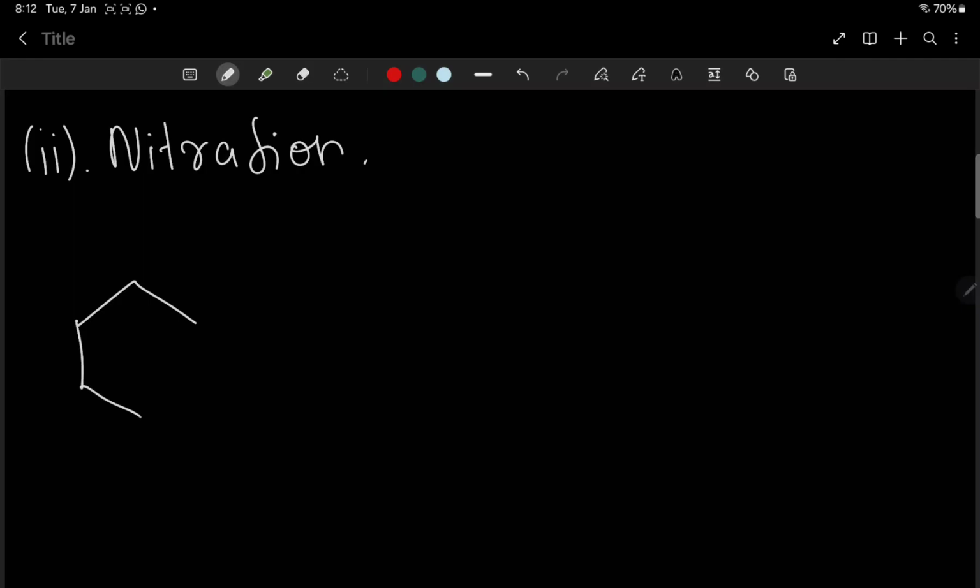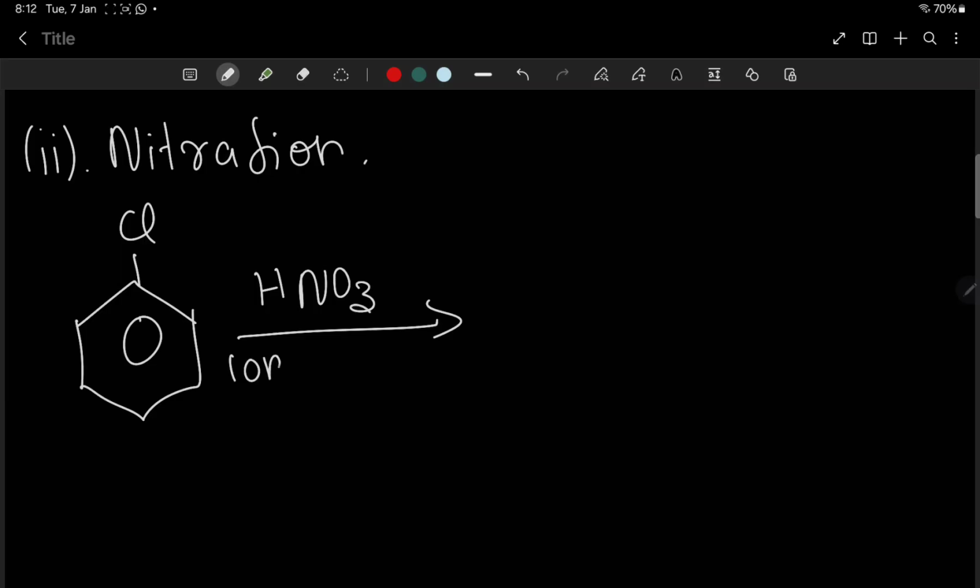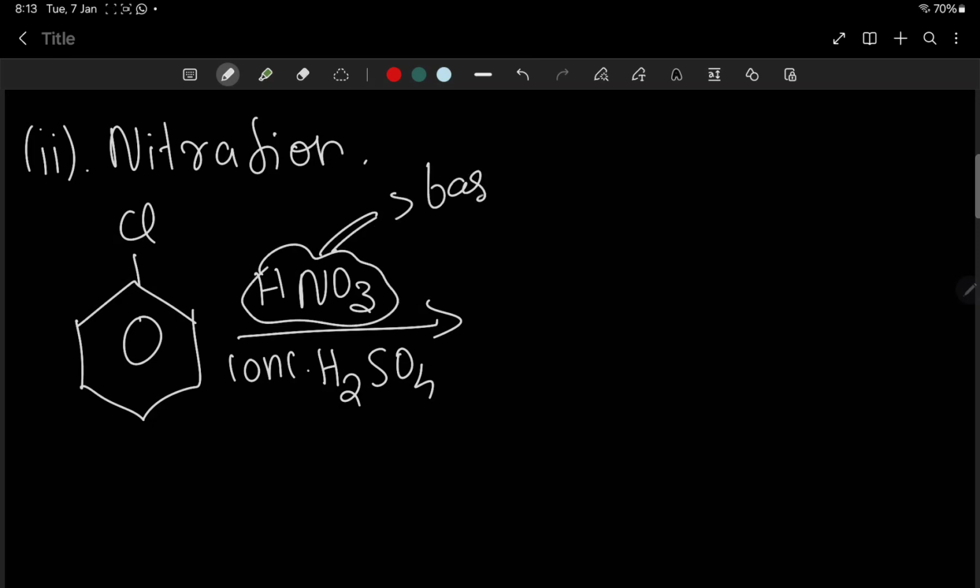Now the second one, nitration. There is an addition of NO2. This is the same as what you learned in hydrocarbons, that is HNO3 and concentrated H2SO4. Here HNO3 acts as a base. This is very important, this question has been asked.